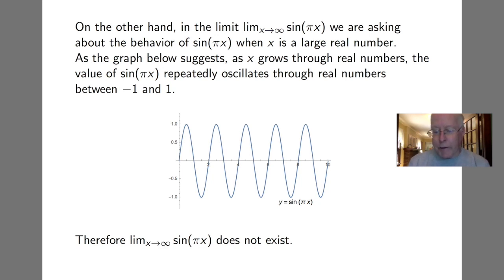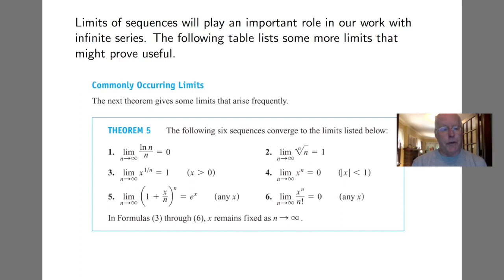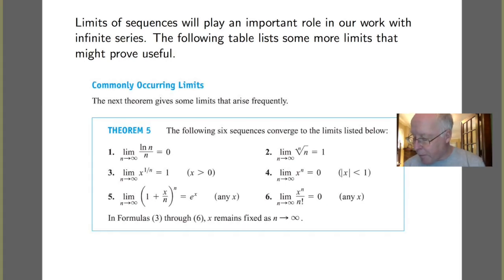Now, finally, let's take a look at a table that occurs in your textbook. Most textbooks have a table like this when you look at definitions of limits of sequences. All this table shows is several limits of sequences that might show up later in the chapter.